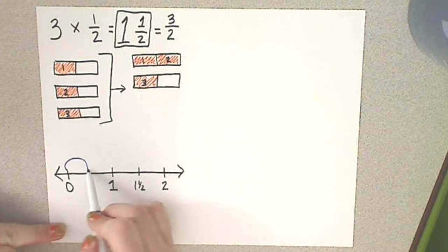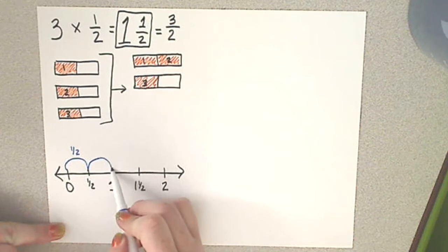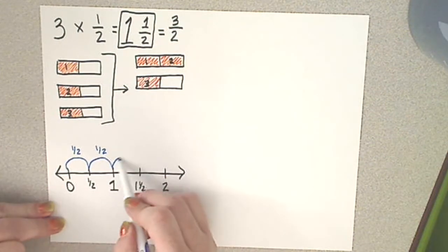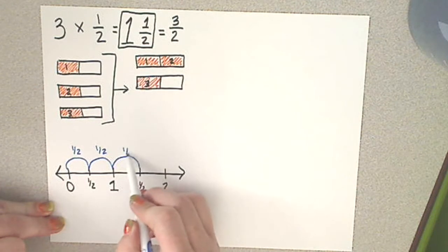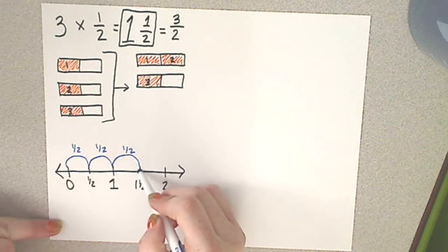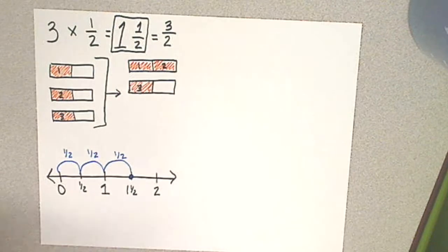So there's 1, 1/2, 2, 1/2, and 3 1/2. And we can see that where our point falls is at 1 and 1/2.